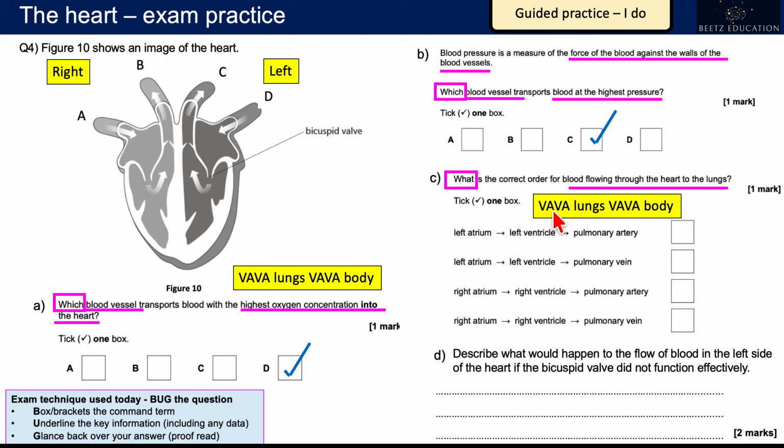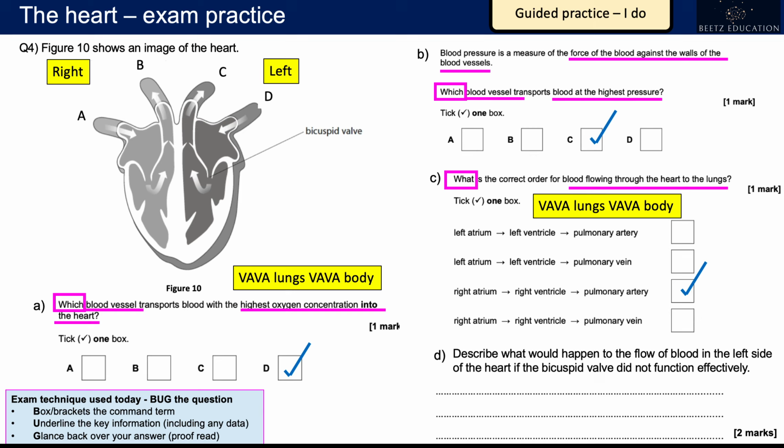So it's got to be our right atrium, so it's going to either be the third or the fourth one, into our right ventricle, again, third or fourth, and then it's going to be out of an artery. In this case, it would be our pulmonary artery. Either way, even if I didn't know it was the pulmonary artery, if I was considering the third or the fourth box, the only one that ends in artery is the third. So that's got to be my answer.